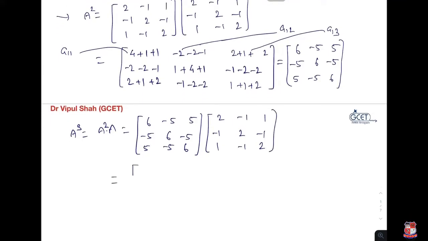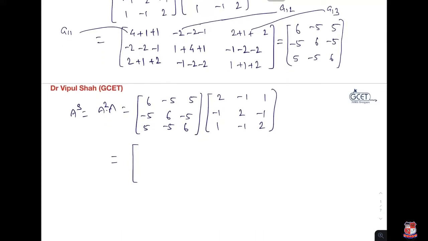So now we can find A cubed. We need to find the first entry, first row, first column. Now it is easy. First row, first column, multiply corresponding elements and then add: 6 into 2, minus 5 into minus 1, 5 into 1. So that is 6 into 2, which is 12, then minus 5 into minus 1, so plus 5, and 5.